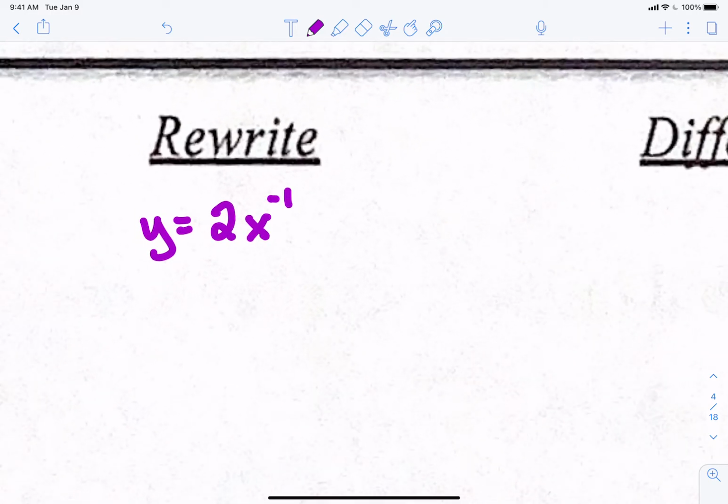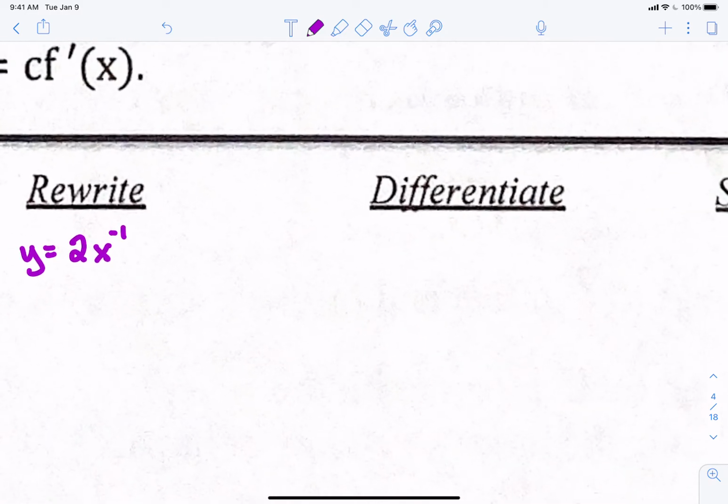Now we want to differentiate, which means find the derivative. When we find the derivative of a y, we call it y prime. Don't forget your y prime equals. Drop the -1 down in front. -1 times 2 is -2, x to the -2, because you're subtracting 1 from this exponent.